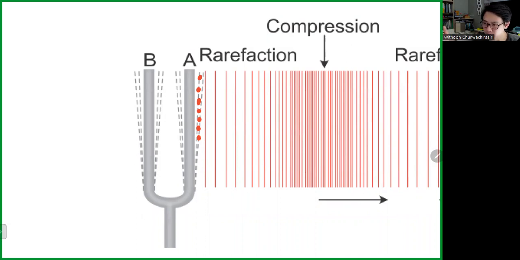Cool? All right. So once you push, the molecules of air get close together, and that will be a portion where you get a higher density than normal air. Does that make sense? On the other side, when the bar moves backward, you create a sort of vacuum, not totally vacuum of course, but a void, an area in the air with very low density.